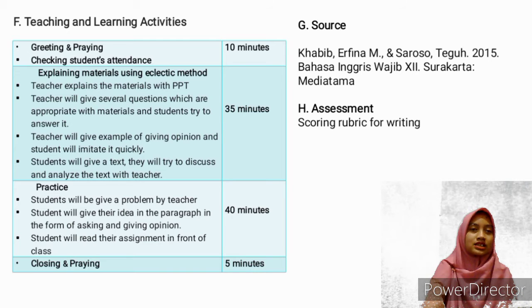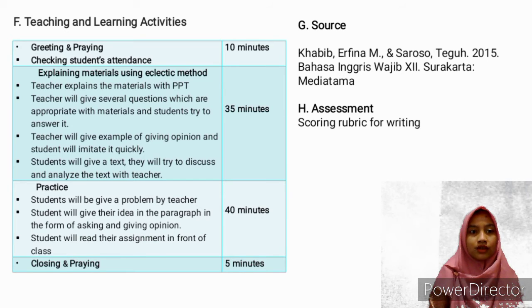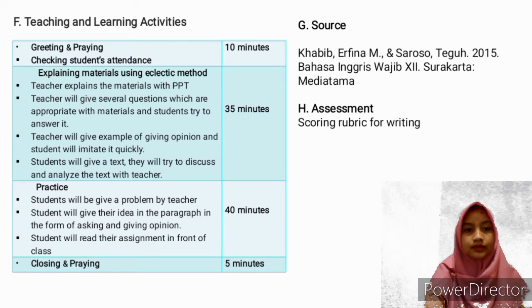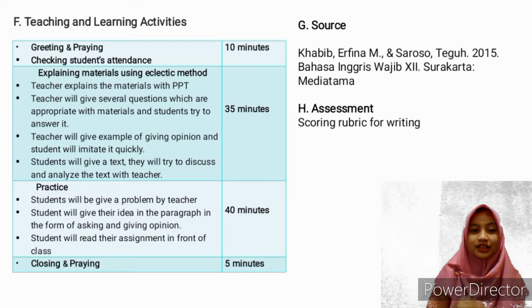Because this skill is writing, the students will write their asking and giving opinions. And then the closing and praying. And the assessment is a scoring rubric for writing. So here is the video of teaching practice using the eclectic method.